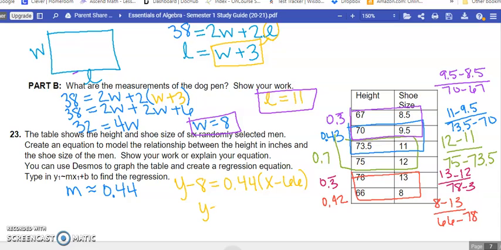And then if I get y by itself, I'm going to use my calculator to multiply. And then add the 8. And I get negative 21.04.